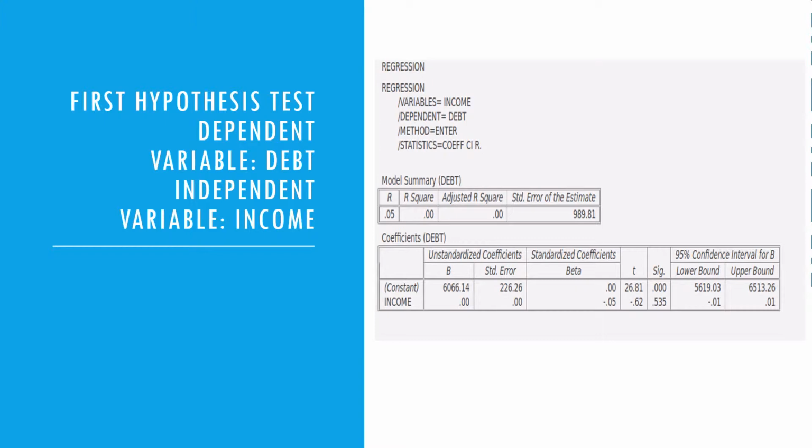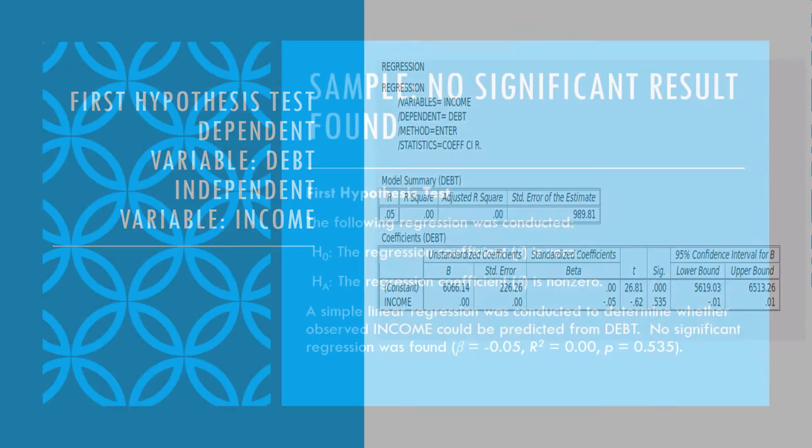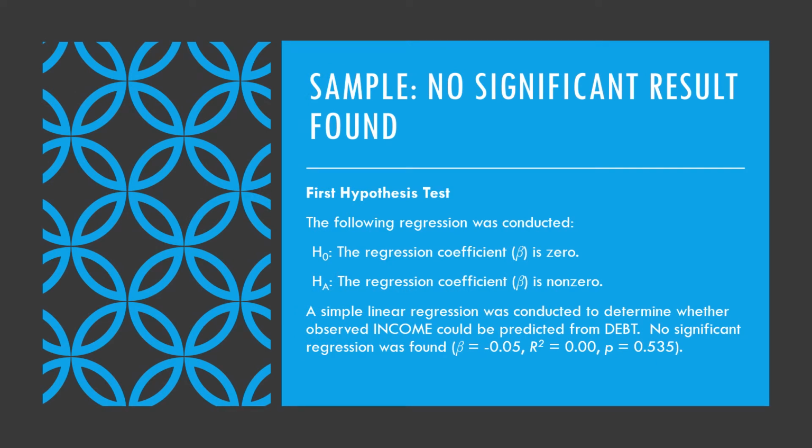So we will look at our hypothesis. In this APA hypothesis answer, we see that there is no significant result found. For the first hypothesis test, the following regression was conducted, and the null hypothesis is the regression coefficient of B is 0, and the alternative hypothesis is the regression coefficient is non-zero.